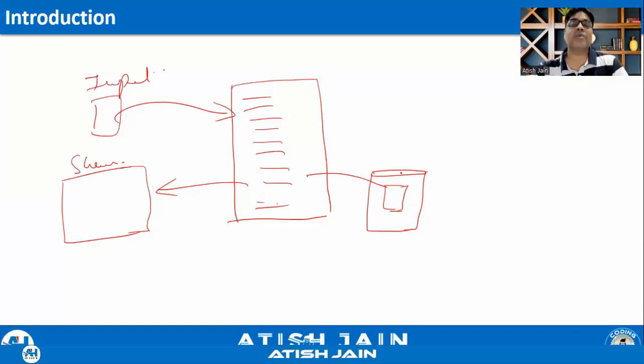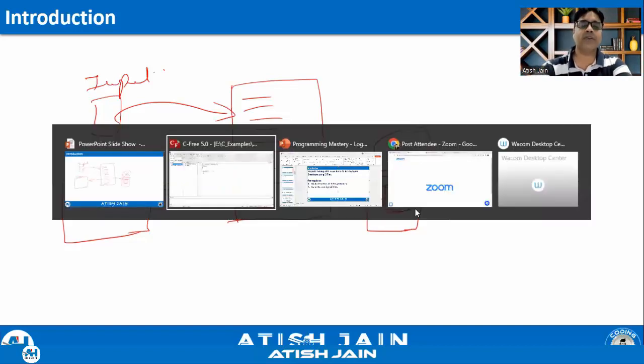This is what I'm going to explain in today's session, how to store data in files. This is your hard disk, and in the hard disk, we are going to create a file. Inside the file, the data is stored permanently. So let's move on to the C-free IDE.